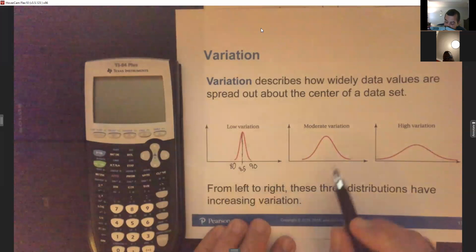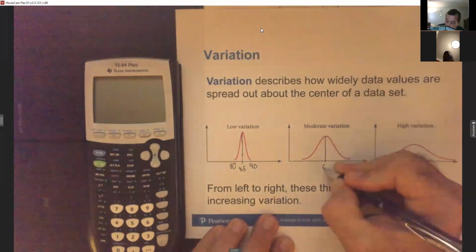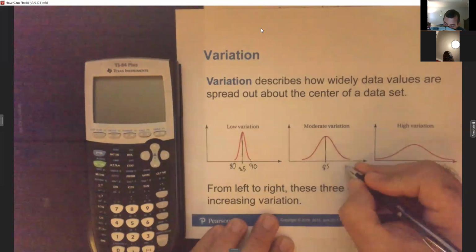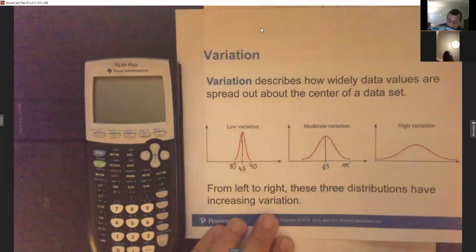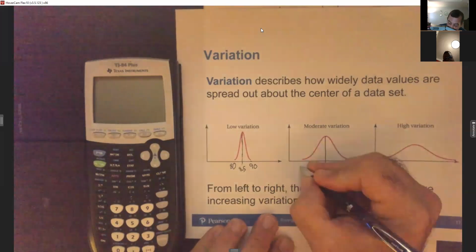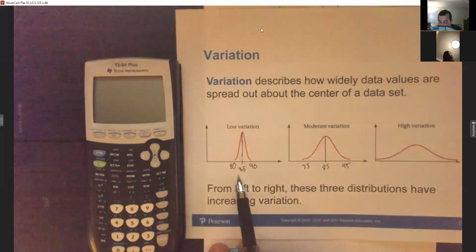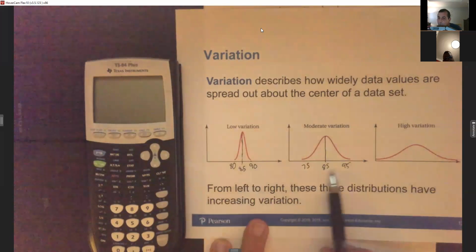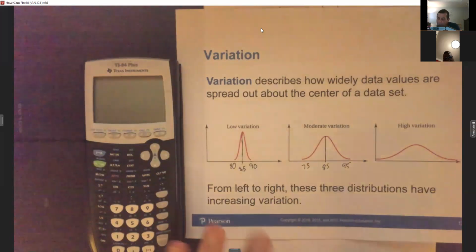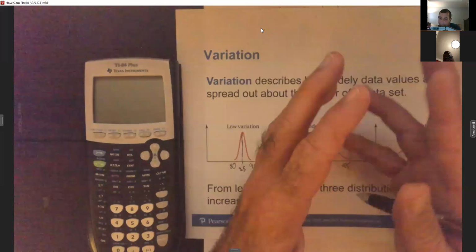Moderate variation, say I was at 85 in the center, but this time I might have a 95 over here and down to a 75. Notice over here I had a range of about 10? Now I've got a range of about 20. I've got more values coming out that's pulling that peak down, okay?